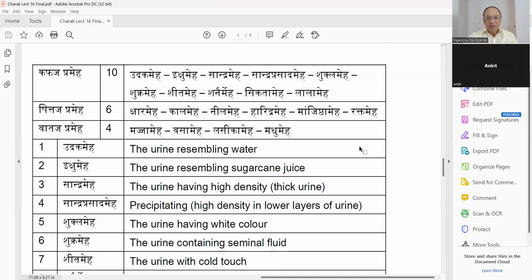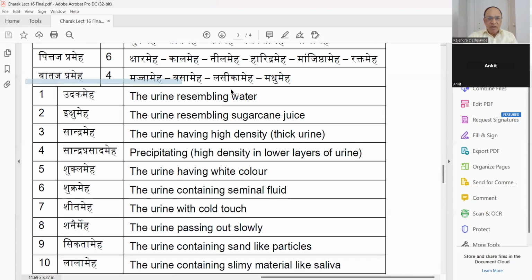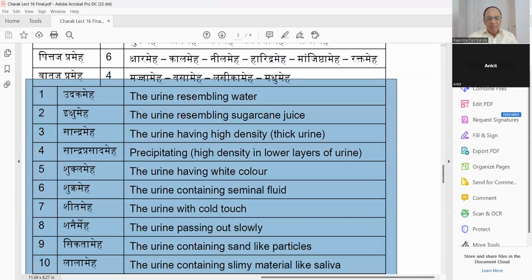Okay. So let us compare one by one how those Ayurvedic words can be correlated with modern terminology. Udaka: the urine resembling water. That means its density will not be more, it is more watery.